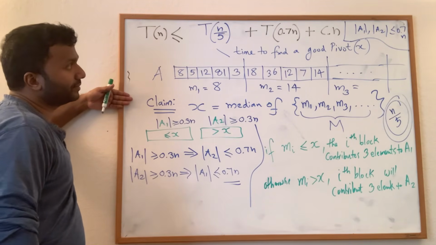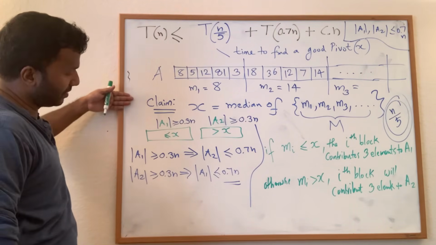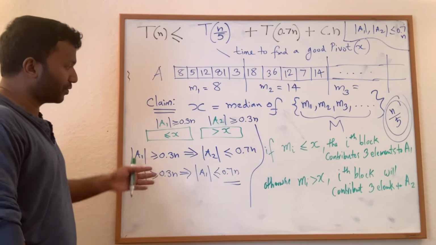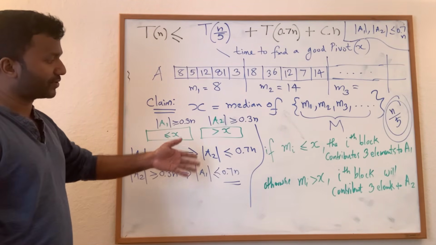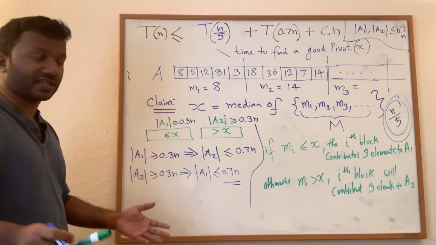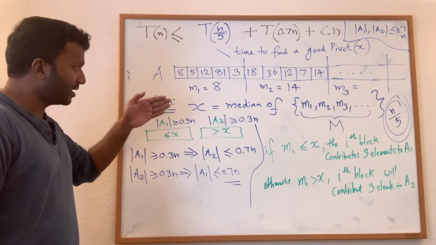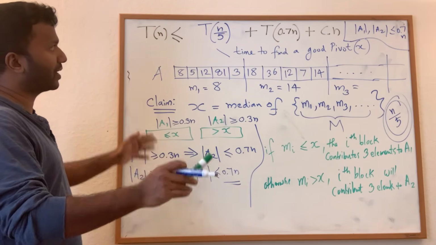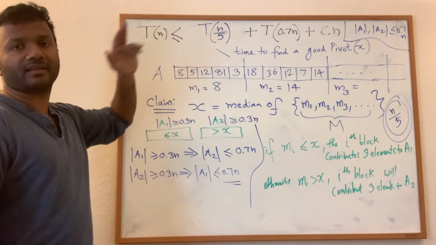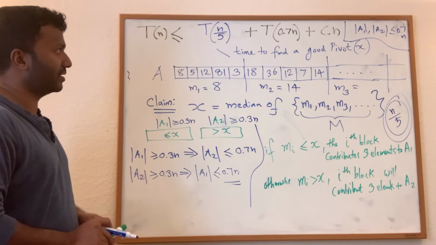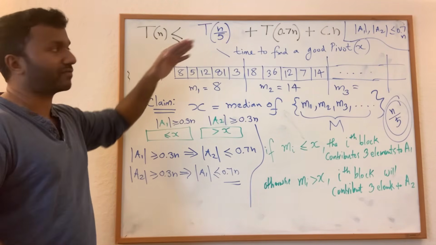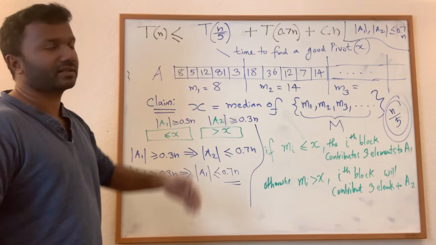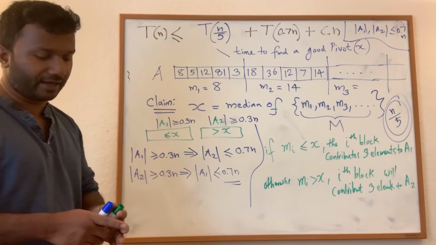So we are done. That's what we wanted to get. We managed to prove that the sizes of A1 and A2 are bounded as we wanted. Therefore, x is a good pivot. So the entire algorithm will work, and this is the corresponding recursion. All we need to do now is just focus on this recursion and show that this is big O of n.